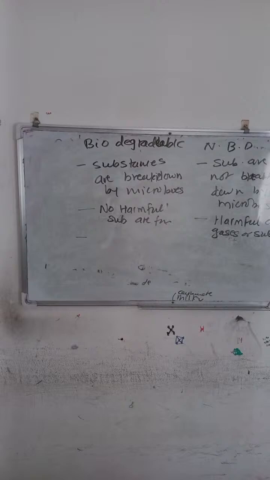So next one: temperature, rainfall, wind, soil and minerals are physical factors, abiotic factors, biotic factors, and both A and B. Look, the question is that temperature, rainfall, wind, soil and minerals are which?